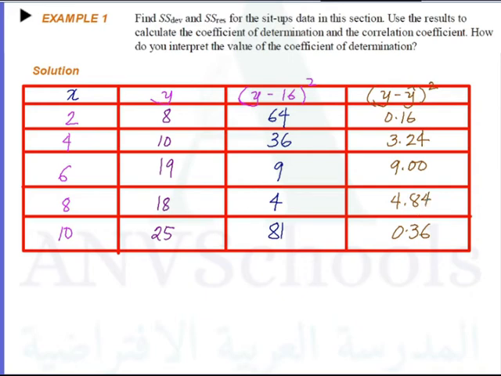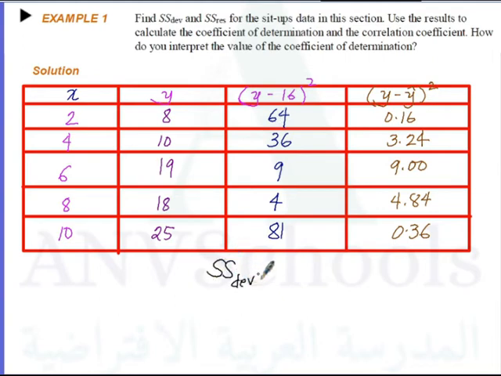Okay, now how do we solve for the square of the standard deviation? The square of the standard deviation can be taken from just getting the sum of this column here.